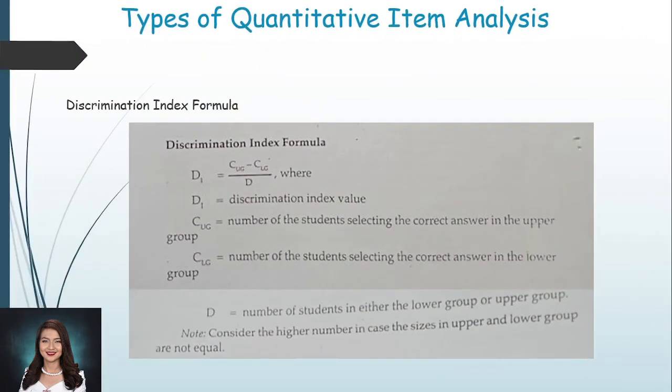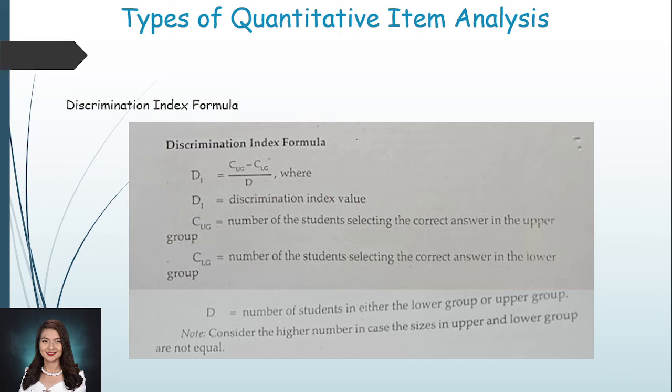We also have a formula for computing the discrimination index. DI is equal to CUG minus CLG, then divided by D, where DI means the discrimination index value, CUG is the number of students selecting the correct answer in the upper group, and CLG is the number of students selecting the correct answer in the lower group.